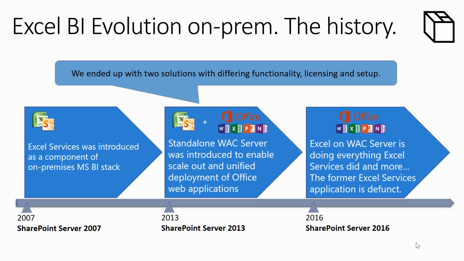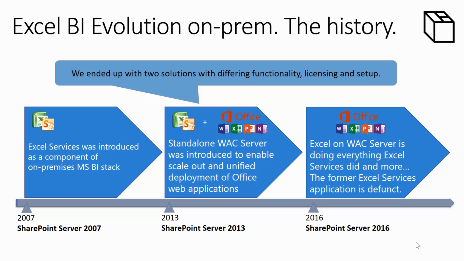So what we are doing in 2016 is basically completing the swap and taking all the capabilities that existed in Excel Services and moving them to the Office Web App Server. So Office Web App Server is going to be the sole server that allows for Excel web functionality, Word web functionality, and PowerPoint and OneNote web functionality in the on-premises world.